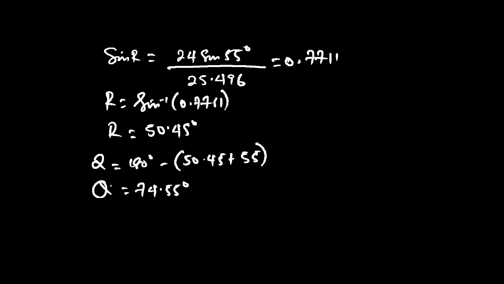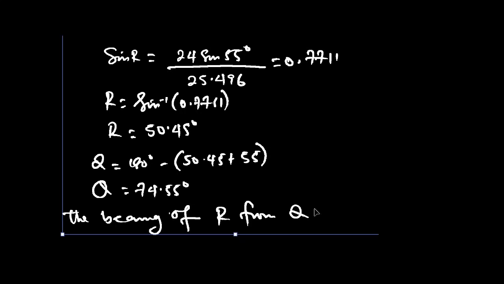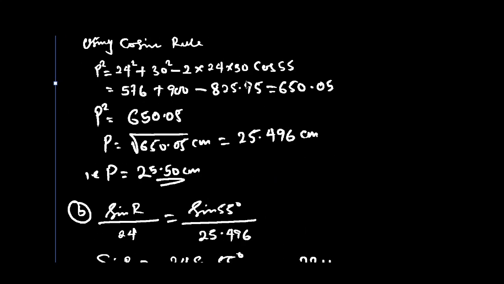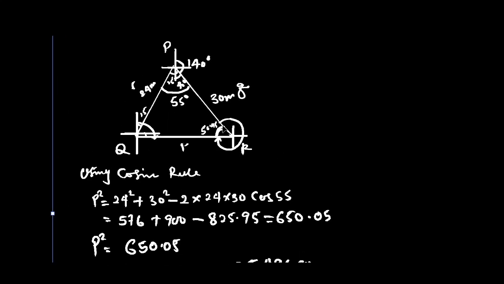So the bearing of R from Q is now going to be what? Let's check. We have been able to get the value of this angle here. So the angle we've got now, that is the 74.55, right, is for this place.